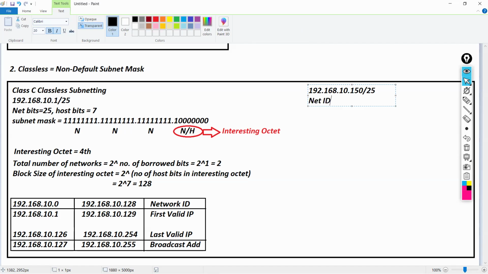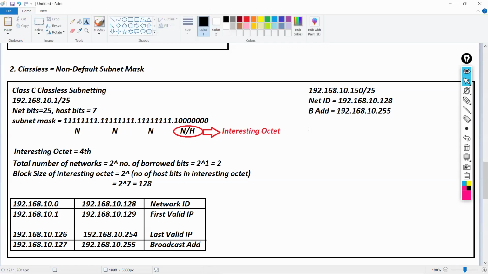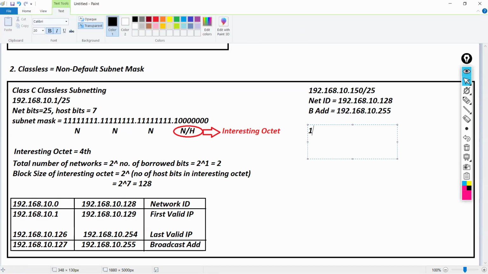Then what would be the network ID and what would be the broadcast address? 128 would be the network ID and 255 would be the broadcast address. In the same way, if the address given to us is 192.168.10.1/25, what would be the network ID and broadcast address?